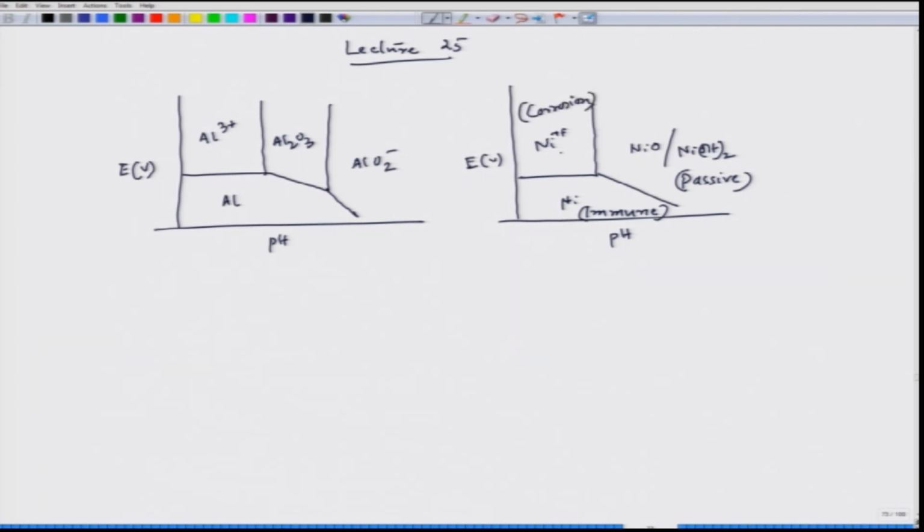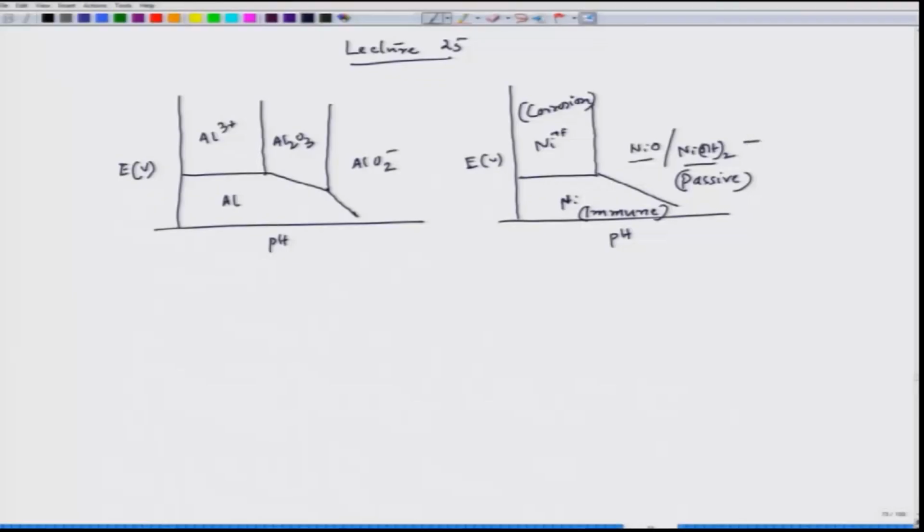Since nickel ion is forming, and whenever ion forms, nickel dissolves, that is what we are talking about, the corrosion region. Now, here nickel remains as nickel, and that is what this immune zone is, and then we have a passive zone, considering the fact that these products are forming on top of nickel surface, and they are actually giving a protective nature for further corrosion of nickel.